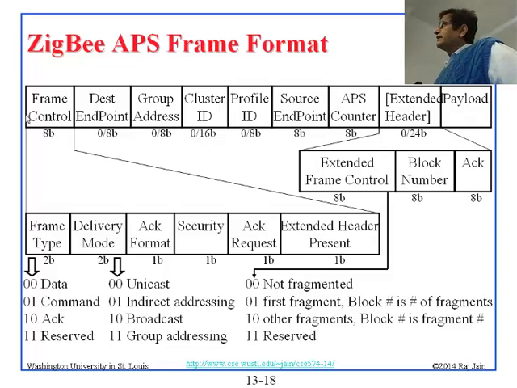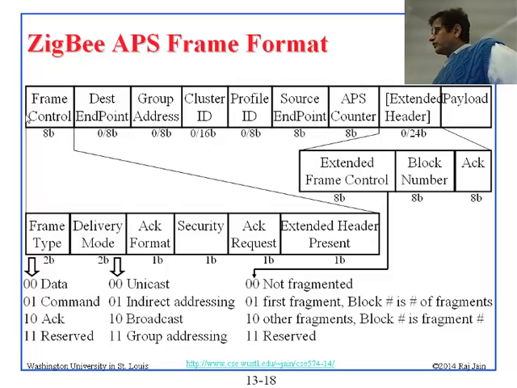Now, if there is an extended header, then there are 8 bits in the beginning, of which only 2 are used. 6 are reserved, right? So there is extended frame control. The 2 bits are used for not fragmented, first fragment, other fragment, and reserved. This is the same way it is done in IP. Your first fragment, the more bit, just 1 bit, and then basically, you end, right?